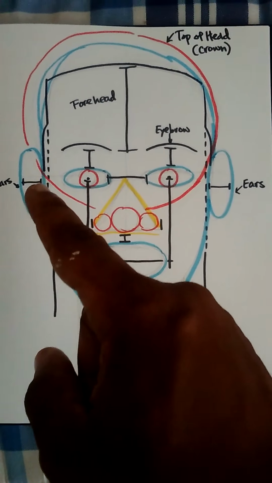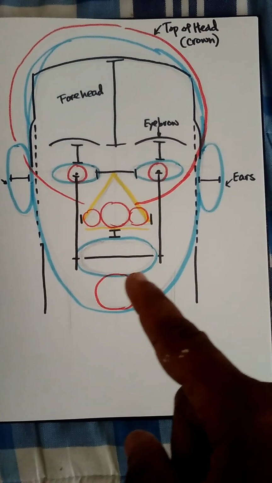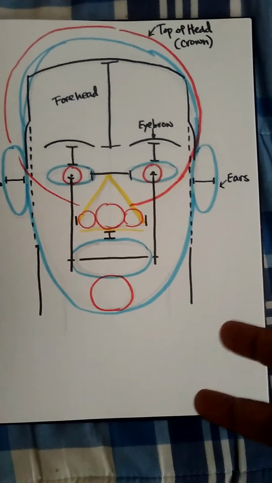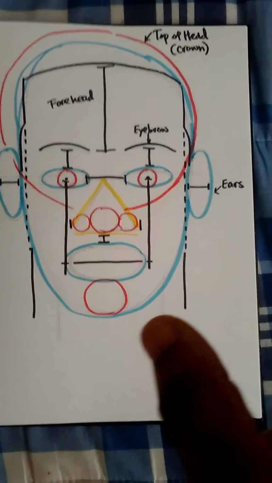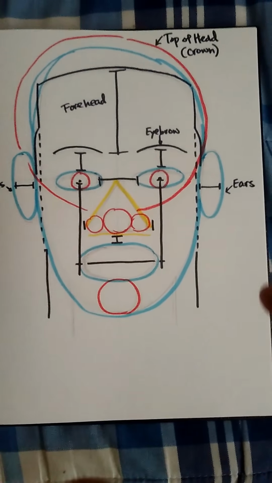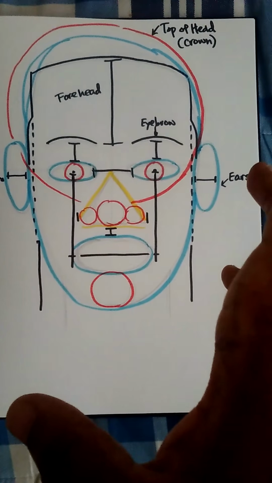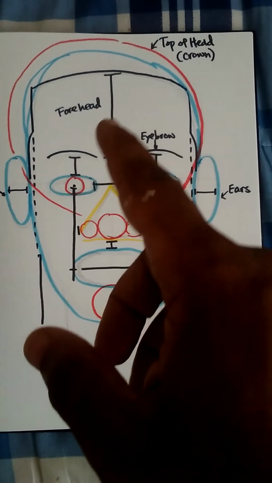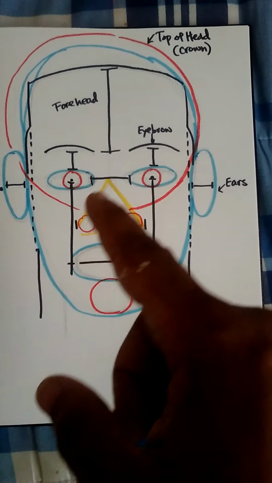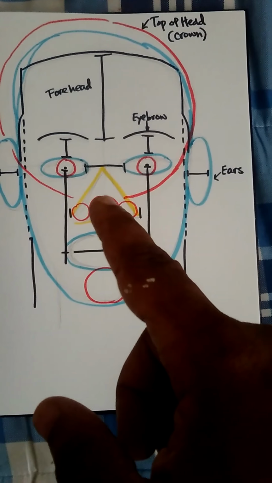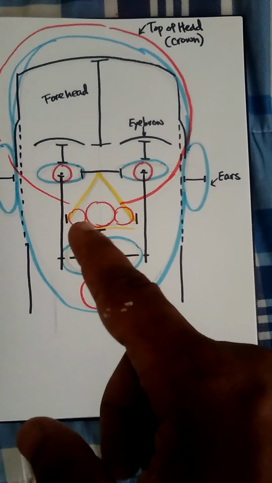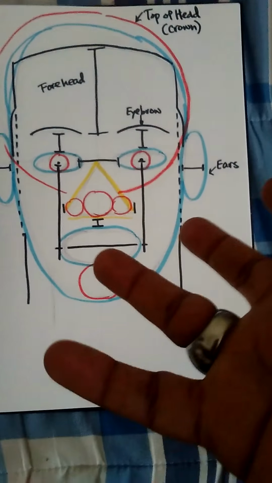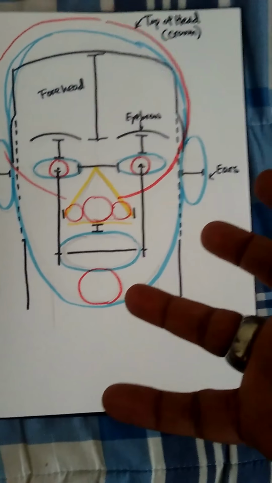Your lips too. Like I said, depending on the particular face, these shapes may vary, but in general, these are the general shapes. You have the nose, which is a triangle, and I drew the nostrils in here, the tip of the nose and the two nostrils. I didn't have to, but I wanted to show that you can find shapes within shapes also.